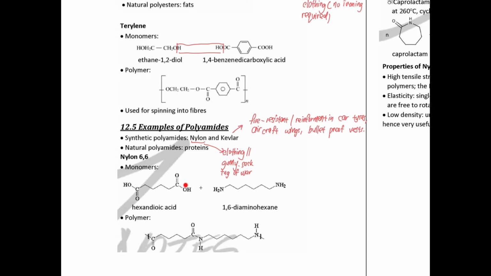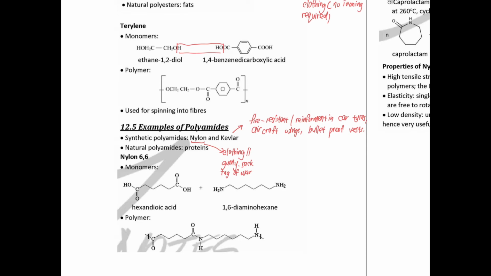The other monomer is 1,6-diaminohexane. Again, hexane means 6 carbon: 1, 2, 3, 4, 5, 6. So the first carbon is linked to NH2. The NH2 here is called amino. The other amino is stuck to carbon number 6. So NH2 here.